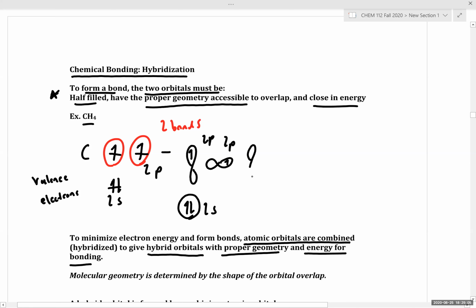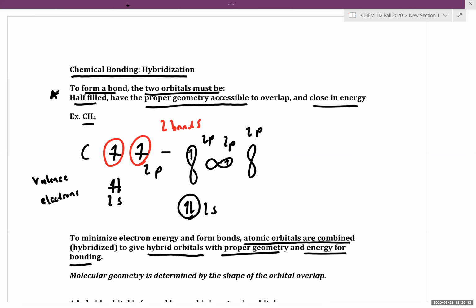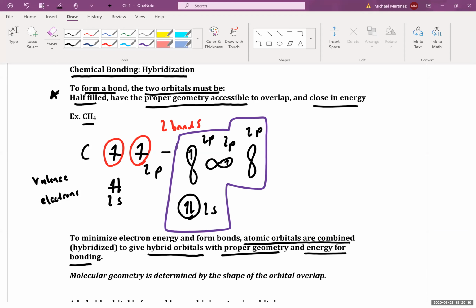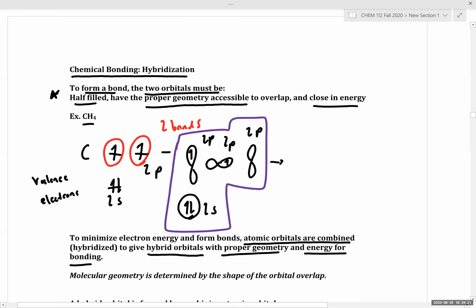So we're going to take our s orbital and combine and hybridize it with each of our p orbitals to form new, what we like to call hybrid orbitals. And in this process, if we undergo, for example, an sp3 hybridization, we're going to average out the energy and geometry of our s orbital and our 3 p orbitals.